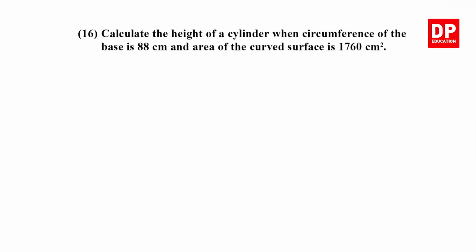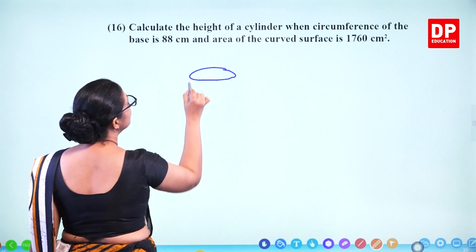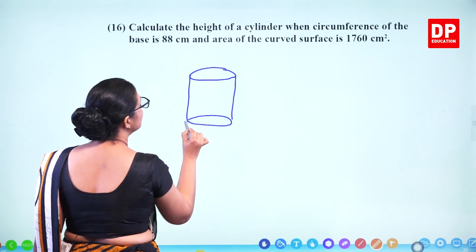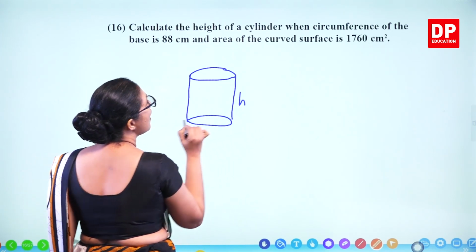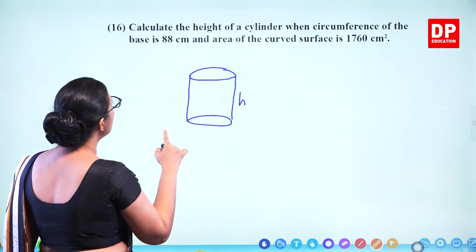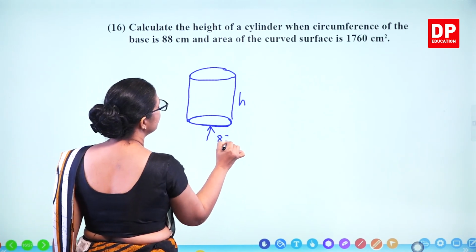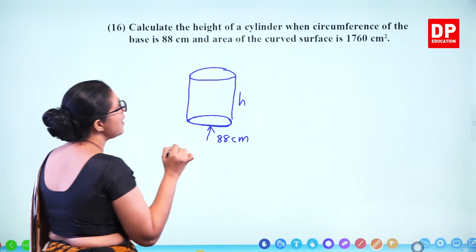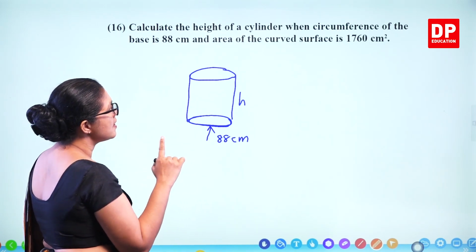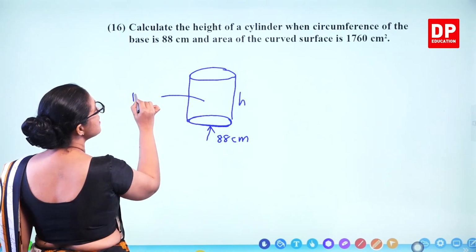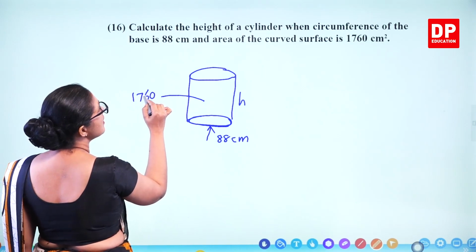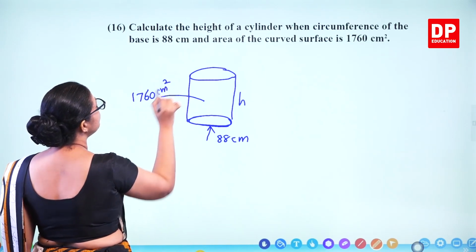Question number 16. Calculate the height of a cylinder. We need to find the height of a cylinder when the circumference of the base is 88. So this is 88. And the area of the curved surface is 1760 square meters.